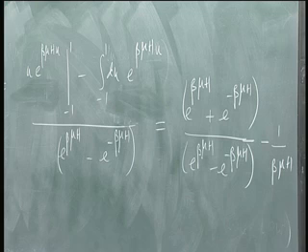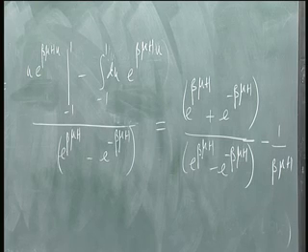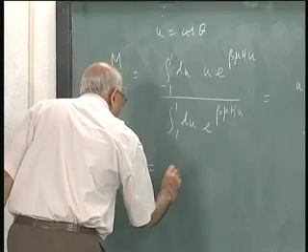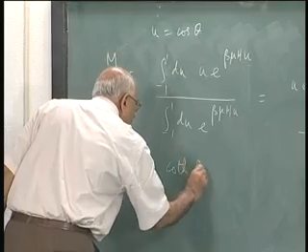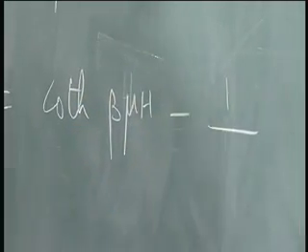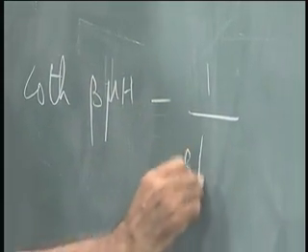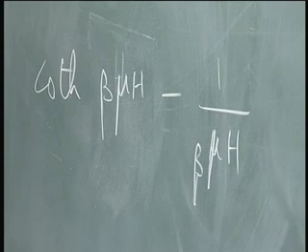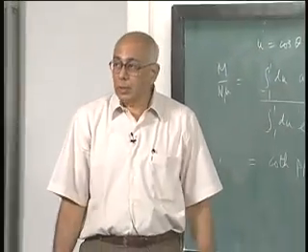If I integrate this, I get exactly the same answer, but with this factor out there, and that is equal to coth of beta mu h. That is the function. This is cosh over sinh, so it is coth, this guy. So this is the function we get.